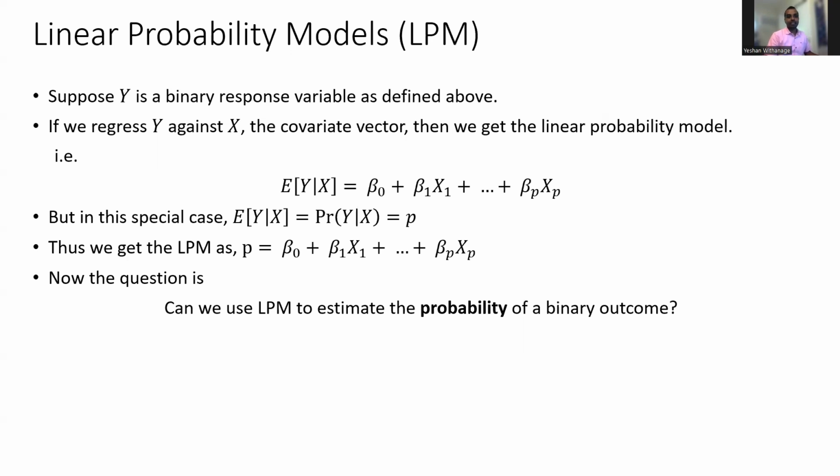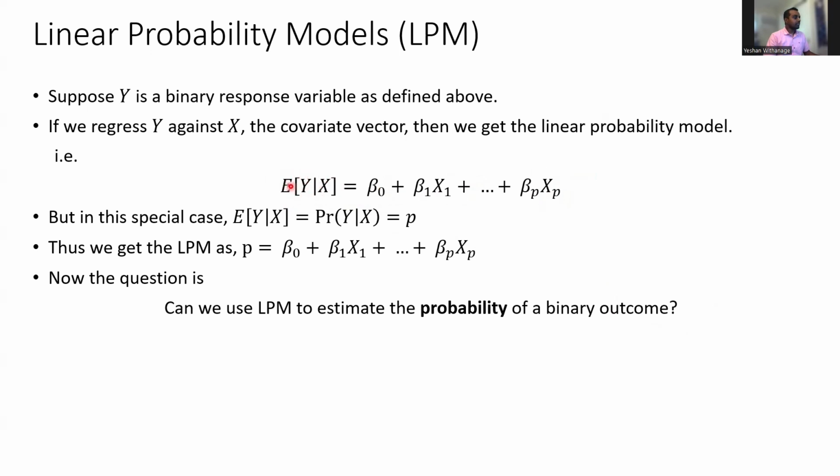This model is very interesting because it says that we can estimate the probability of success, that is P, by using a linear combination of independent variables, which is very easy to interpret. Because in this case, you can see the linear regression model. Here we have the linear combination.